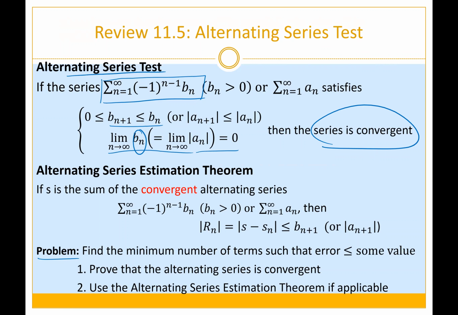Then you have the alternating series estimation theorem. To use this theorem, you first have to prove that the series is convergent by the alternating series test. That is the first condition. The second step is to use the estimation theorem.